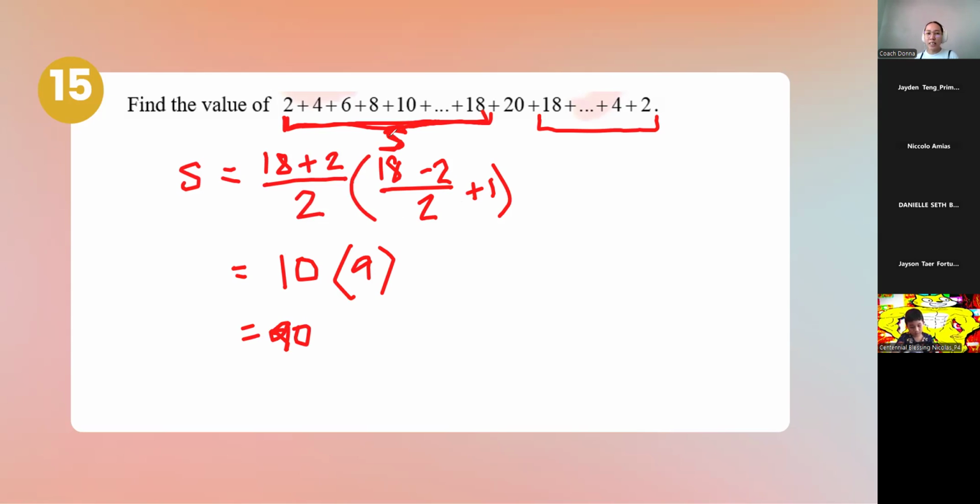So if this is 90, just multiply it by 2 to get the other part. So that's 90 times 2, 180. But you still have the 20. So 180 plus 20, you have an answer of 200. All right. Final answer is 200.